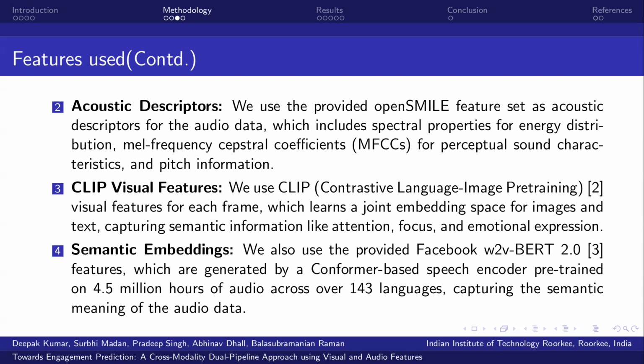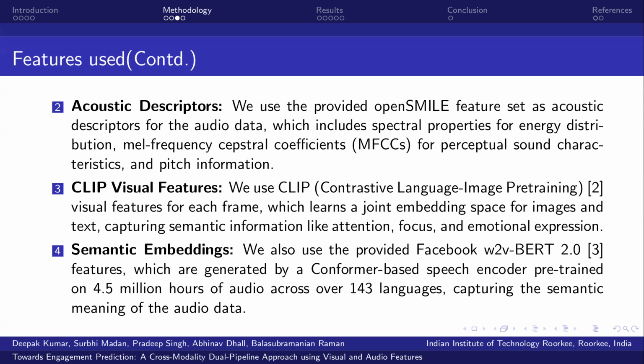These features help in identifying important audio patterns such as tone, rhythm, and intensity, which are crucial for understanding the level of engagement. Additionally, we leverage the provided CLIP visual features for each video frame. CLIP is designed to learn a joint embedding space for both images and text, capturing key semantic information such as attention, focus, and emotional expressions, which contribute to a richer understanding of visual engagement cues.